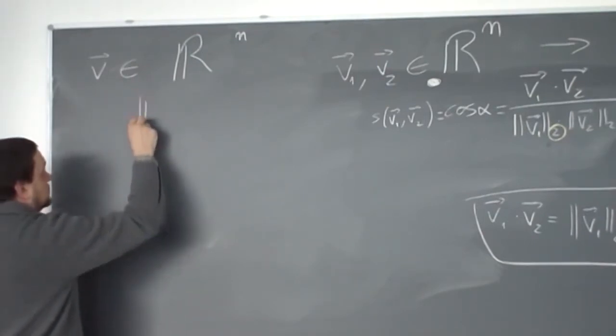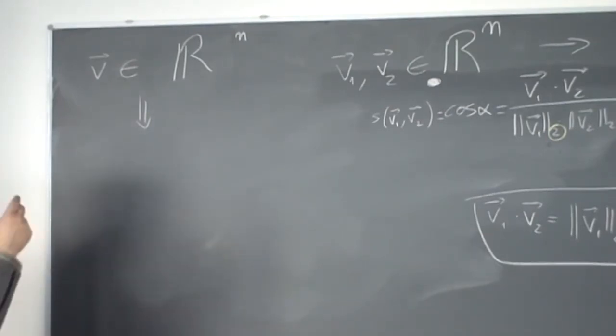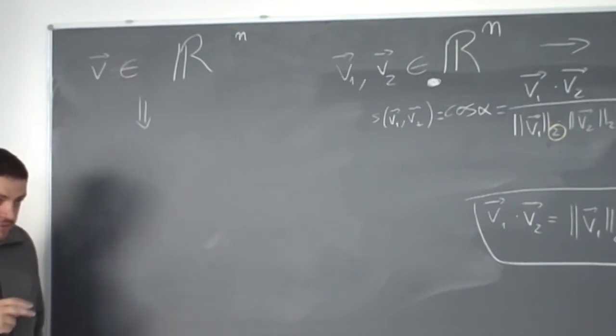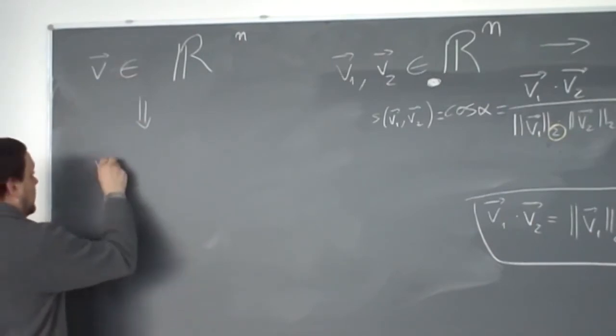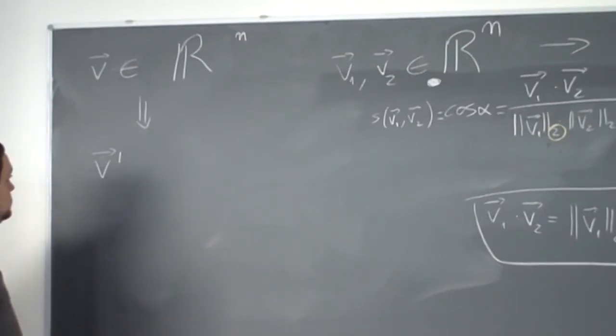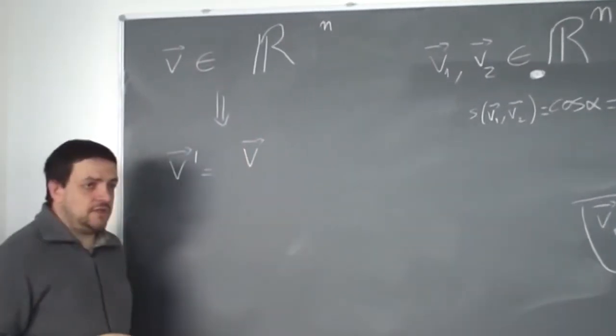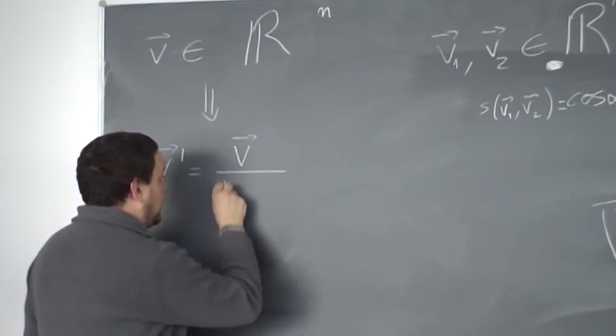Next, we can normalize our vectors so that we can pass to vectors of features, let's call them v prime, that are obtained from the original vector of features by normalizing them.